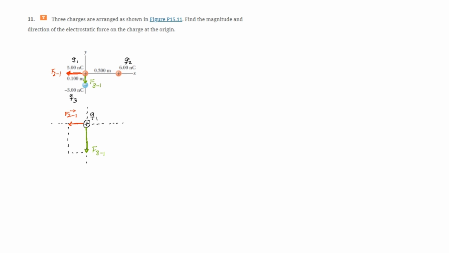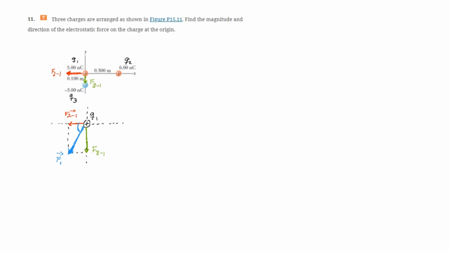Okay, and this would be its magnitude. Let us call this force on particle 1. And the angle that the force makes with respect to the negative y-axis, I will call that angle θ.